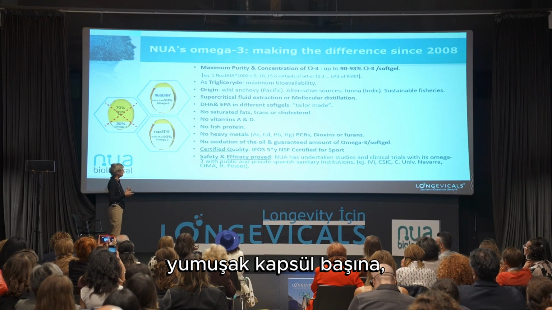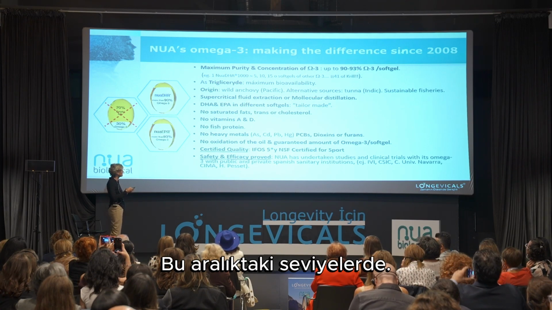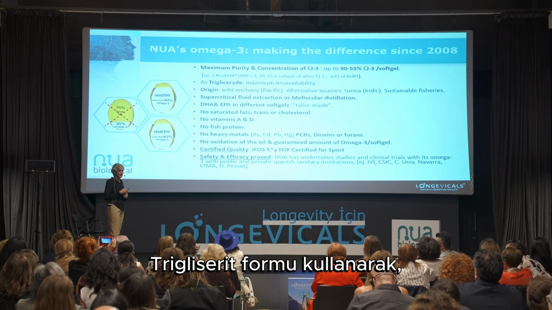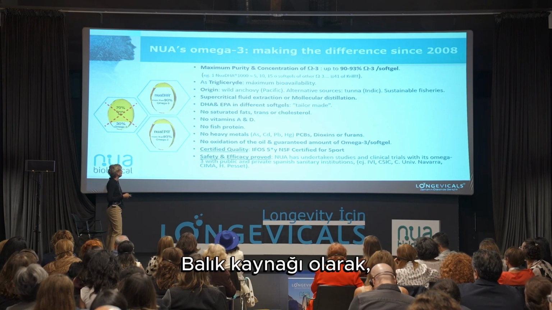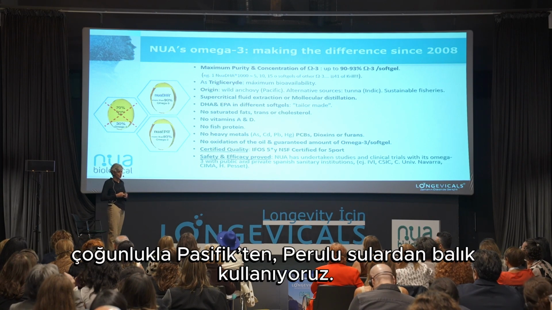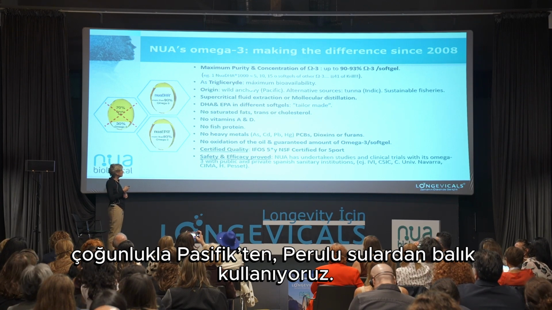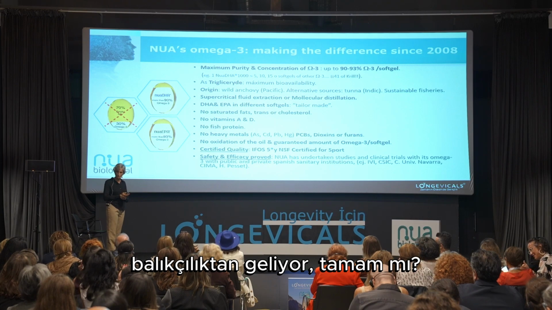So basically, we've achieved a maximum concentration in omega-3 around about this range per soft gel. By using the triglyceride form, the bioavailability is the highest there is, okay? We use most of the fish source, which is anchovy from the Pacific in the Peruvian waters, and they all come from sustainable fisheries, okay?